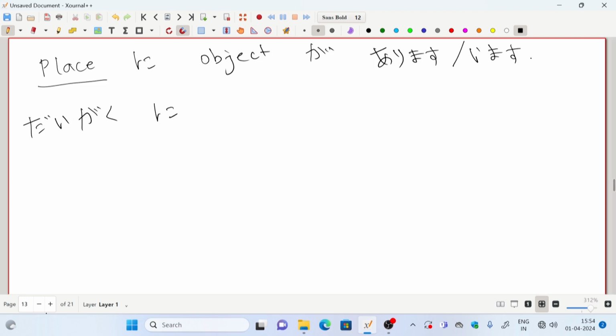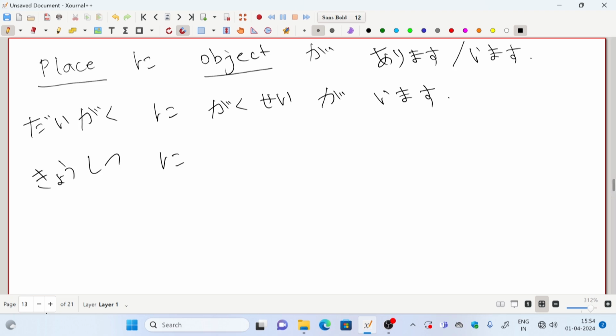Daigaku ni object will be, suppose student, then gakusei. Daigaku ni gakusei ga imasu. We can also say kyoshitsu. Just put a question.